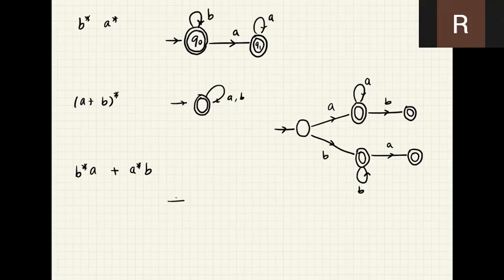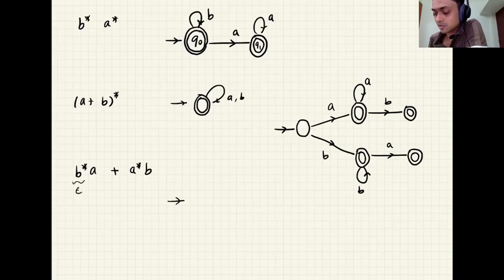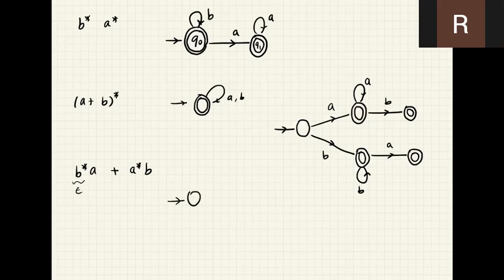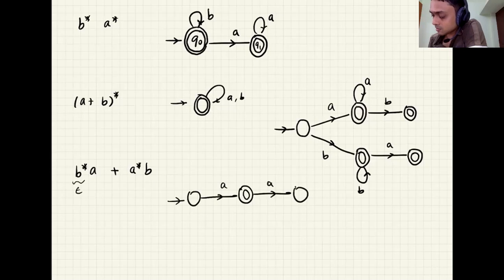But just a is not there. It is there in the language, no? Because b star also has epsilon. Okay, b star has epsilon, that's why. So if I see a, and if I see one more a, then I have to do this.